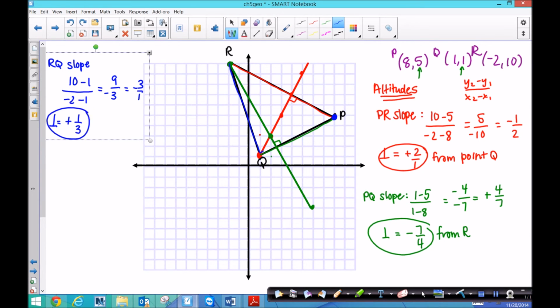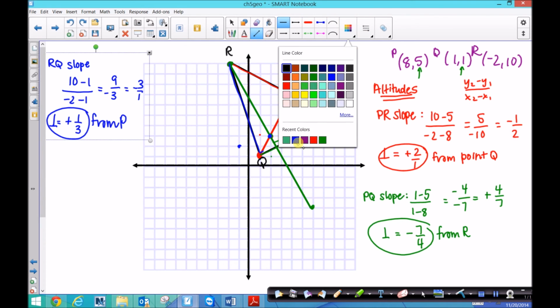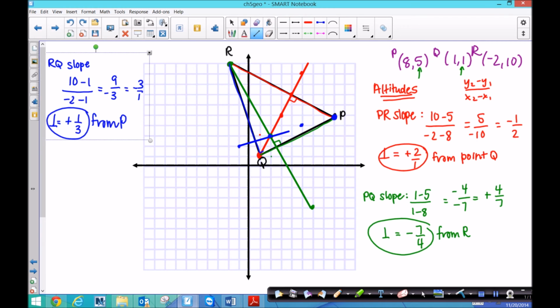And that we're going to use starting from point P. If you're at point P and you want to go positive 1 and positive 3, that's taking you further away from your blue line over here. So the only way to go positive 1, positive 3 is to go backwards. So down 1 and back 3. Down 1 and back 3. And you could continue that so that you know that you're in a straight line. And then we're going to connect them. See that they formed a right angle.